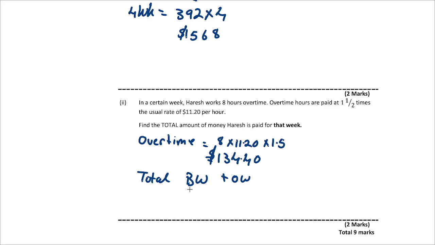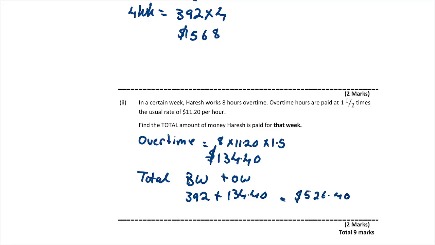So $392 plus $134.40, which equals 40. Then 4, 5, 6, 9, that's 12. 3, 4, 5. So $526.40, he would earn that week.